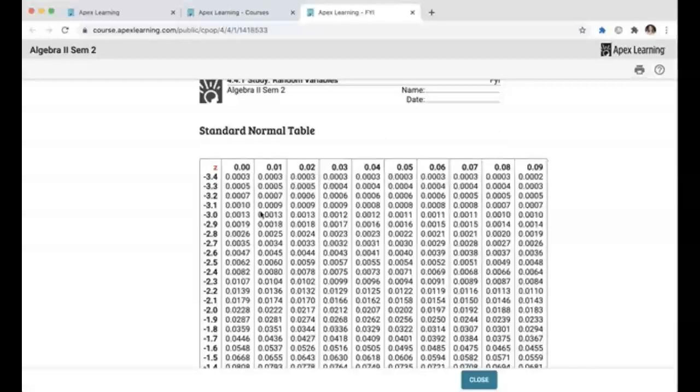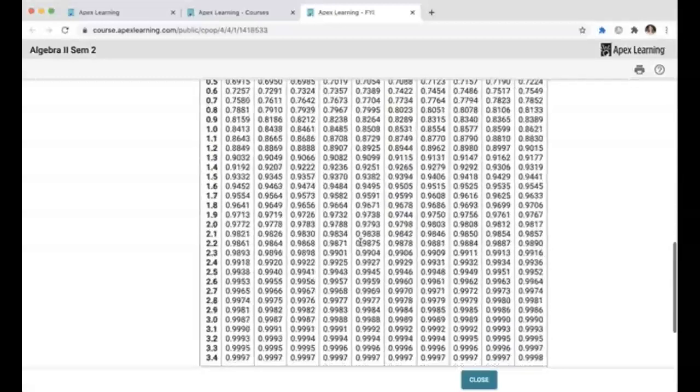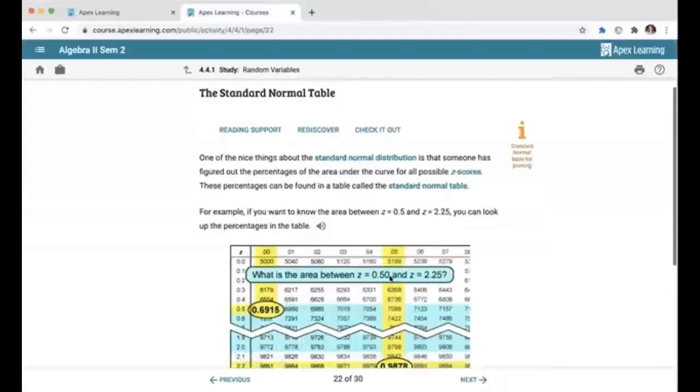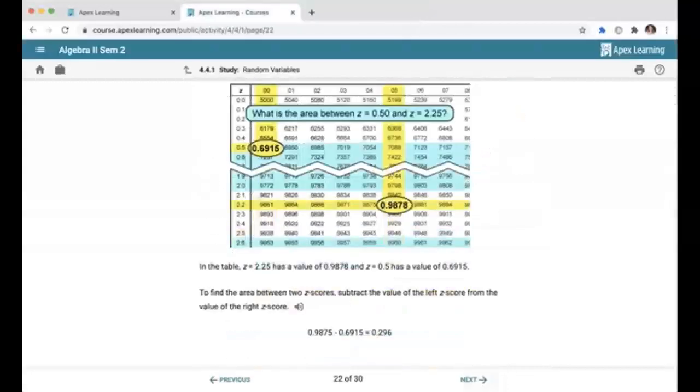So if we had negative 3.05, I'd go down here to my negative 3.0, and then I would go over to my 100th place of 0.5. This would be my probability here. So you can use this table for all values under our standard normal curve.